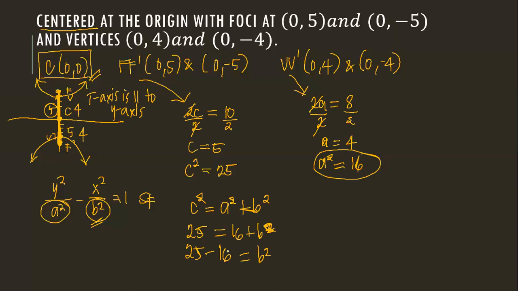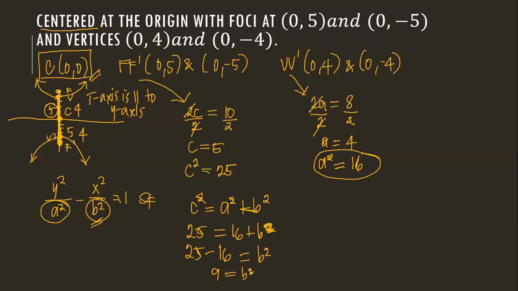So 25 minus 16 is equal to b squared. 25 minus 16 is 9, so 9 is equal to b squared.